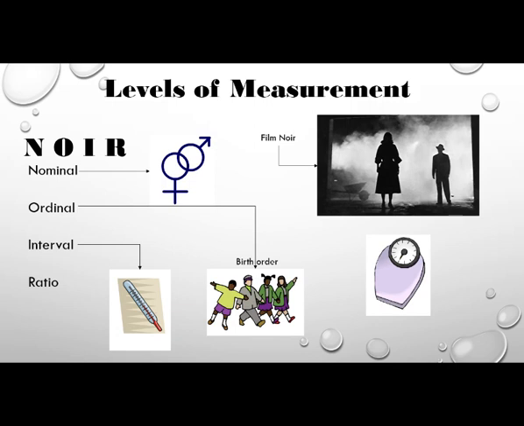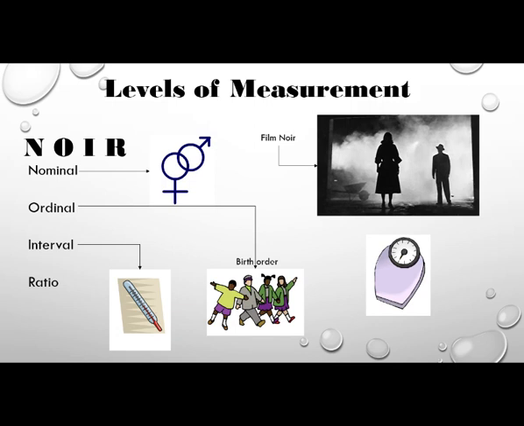Then we have interval data, and I don't know if you can really tell, but that's a picture of a thermometer. The reason why I have it pointing there is when you're talking about temperature, if I say it's 0 degrees outside, it doesn't mean there's no temperature. It just is a placeholder in the order of the thermometer, right? So interval data, each line between each degree on the thermometer is equal distance, but 0 doesn't mean absence of, it's just a placeholder.